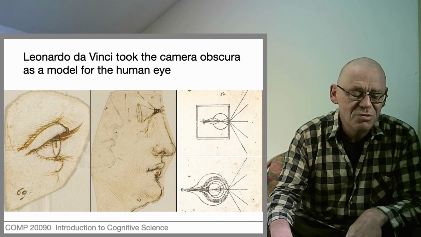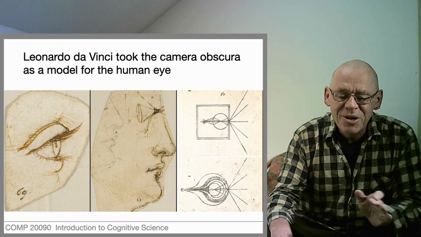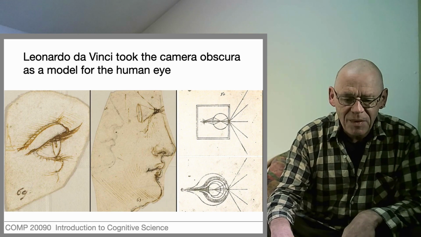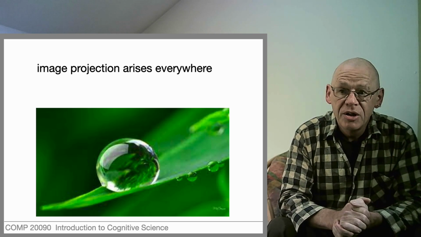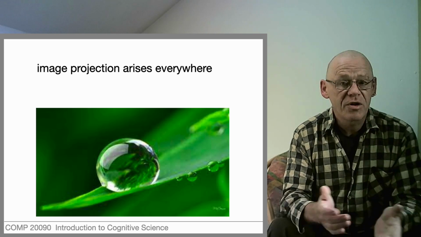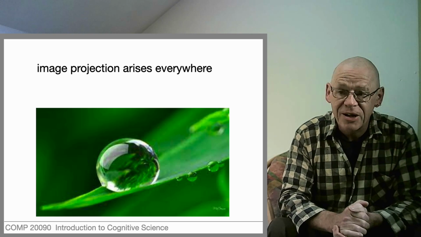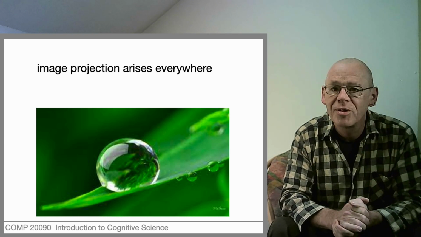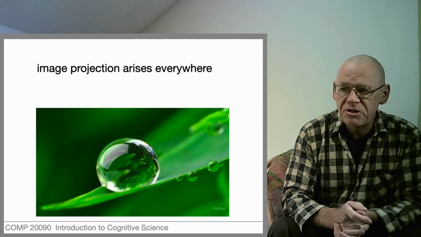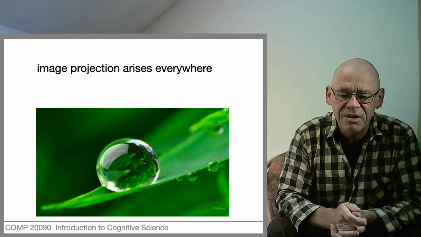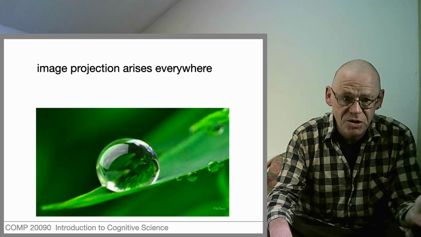Leonardo was an unspeakable genius, but his concern was geometry. And in fact, if we look around the natural world, we find this kind of geometrical production of images everywhere. In every dewdrop, if you get down on your hands and knees and examine a dewdrop in your garden in the morning, you'll find all kinds of images inside. So light just does this. As it passes around, it generates images around the place.